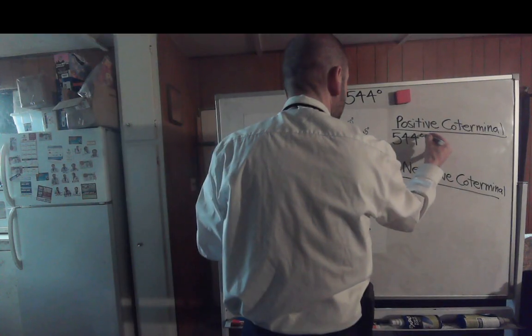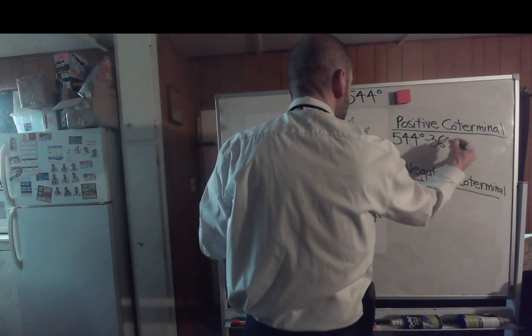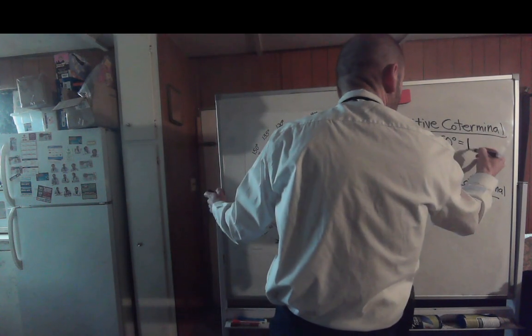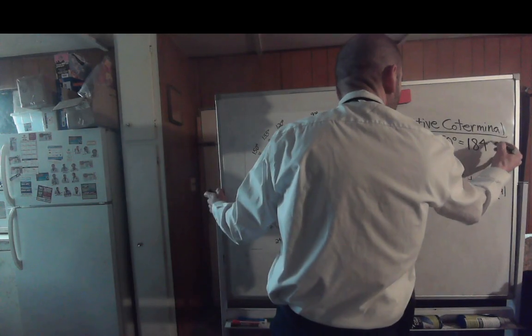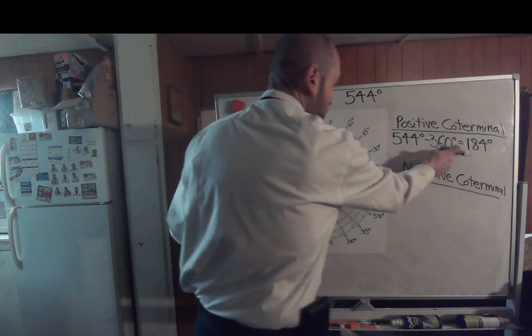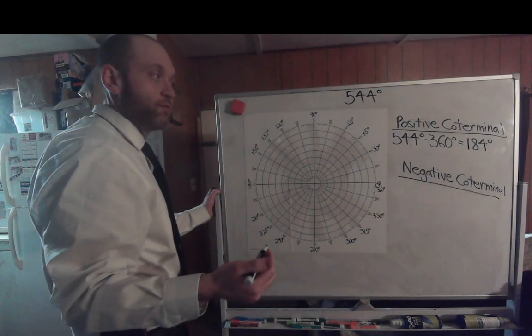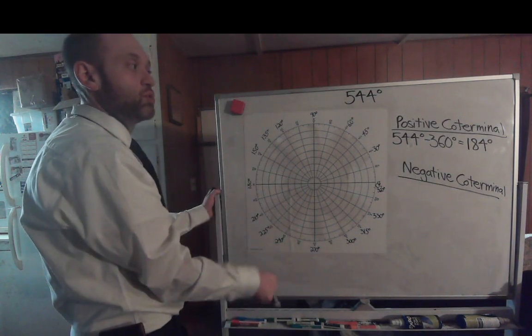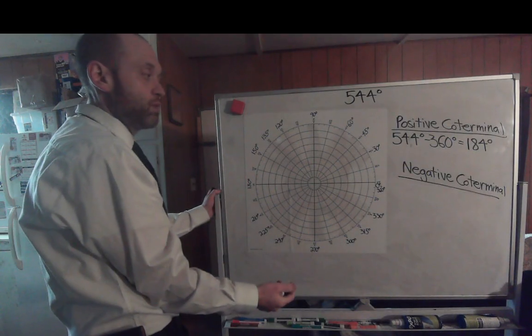So 544 degrees minus 360 degrees would give me a 184 degree angle. So a positive coterminal angle for 544 is positive 184 degrees. It's just one trip through the circle.